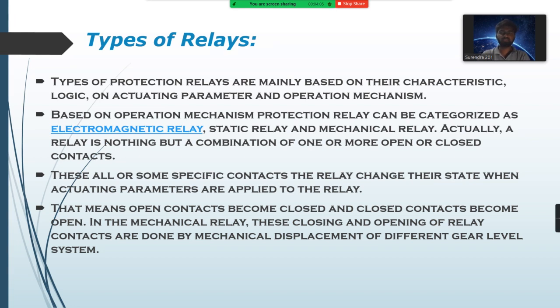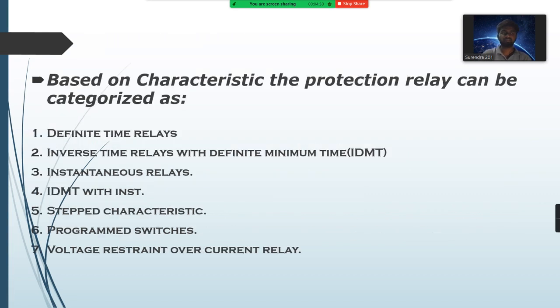The relay changes its state when actuating parameters are applied to the relay. That means open contacts become closed and closed contacts become open. In a mechanical relay, the closing and opening of relay contacts are done by mechanical displacement of a different gear lever system.